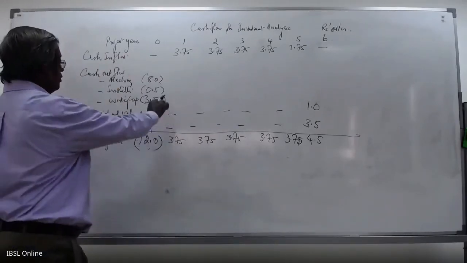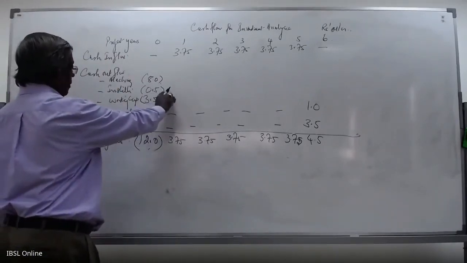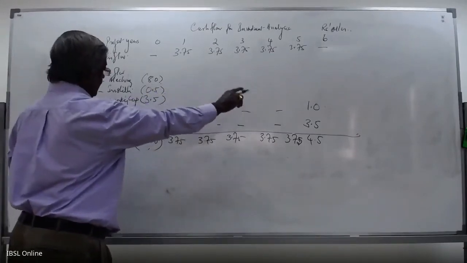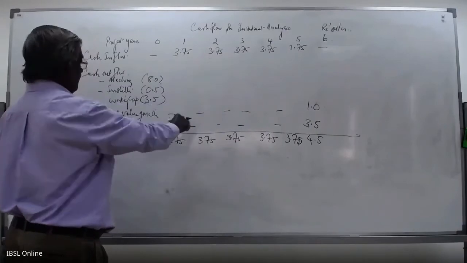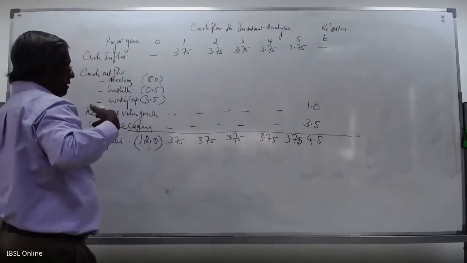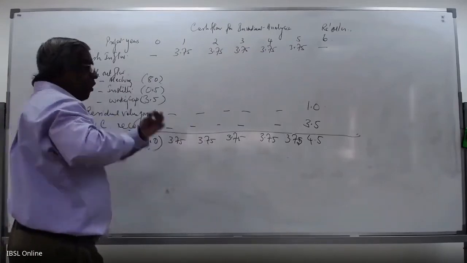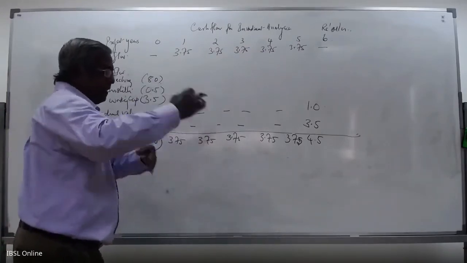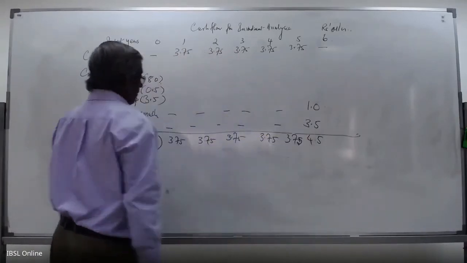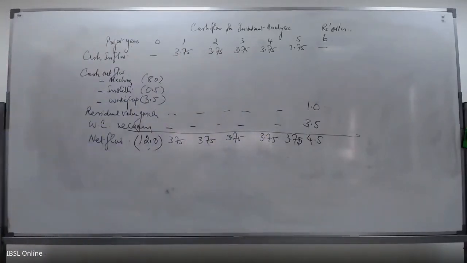The machinery residual value will come as 1 million at year 6, and the 3.5 working capital you will recover. Because working capital is revolving, it is a permanent investment, and it will be recovered, 3.5 million. So this is the final net cash flow. Now you have to do the discounting. Please, you better do the discounting.